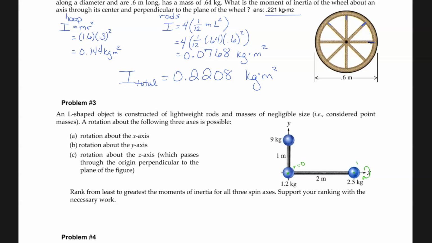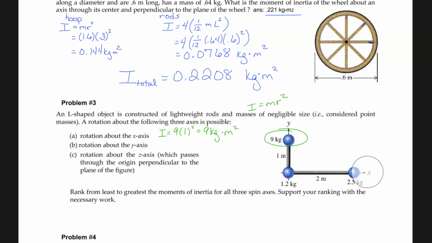This is also on the axis. Its distance out is 0. So the only moment of inertia we have is this mass right here. So the moment of inertia is going to be mr squared for a point mass. Remember that. So we've got 9 times 1 squared, so that's going to be 9 kilograms meters squared.